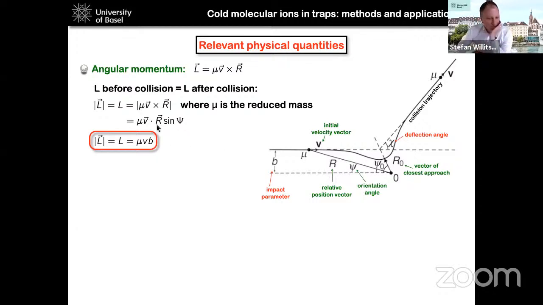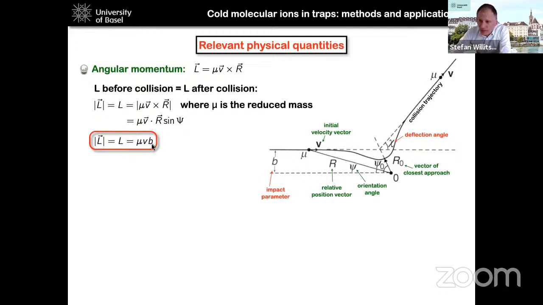Now, if you look at this expression here, r times sine of psi, then you realize that this is nothing else than this impact parameter, right? So we can express the magnitude of this angular momentum as mu times v times the impact parameter b. Okay, so this means that L is proportional to b.